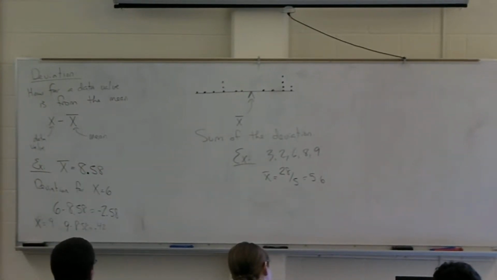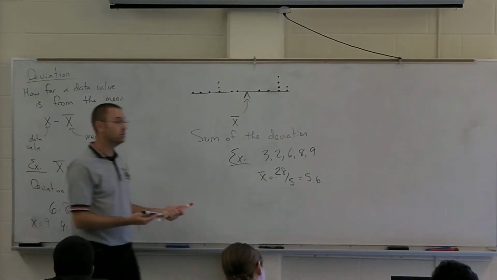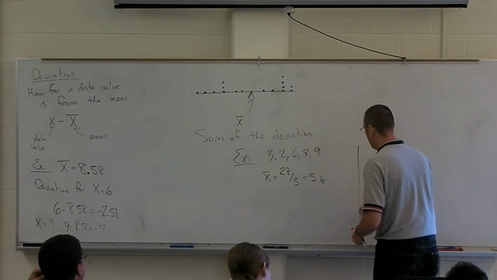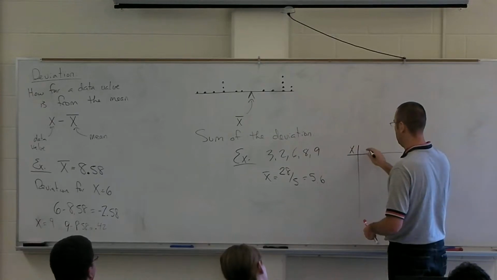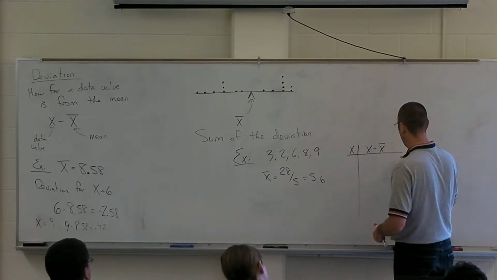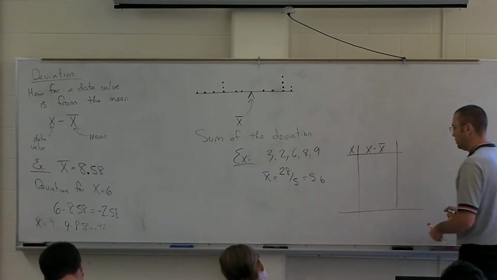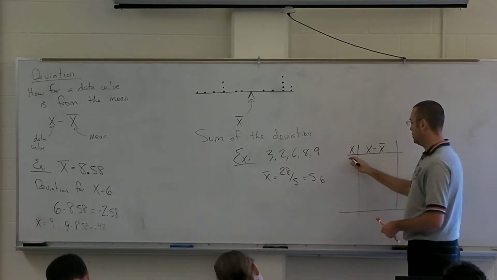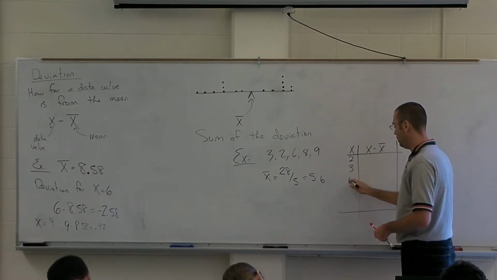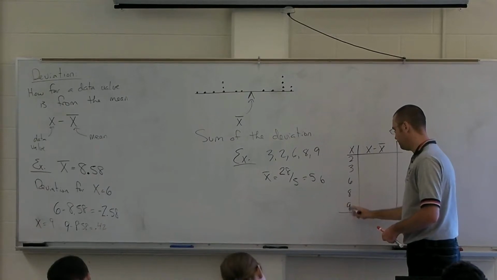Now we're going to find the deviations for all 5 of these values. I'm going to make a little table over here. Here's our x. This is our x minus x bar. And in the end, I'm just going to add up all those things. I'll list my values from least to greatest.